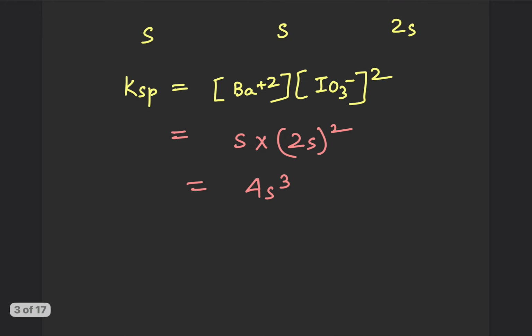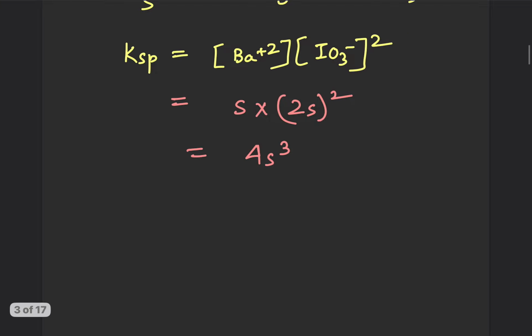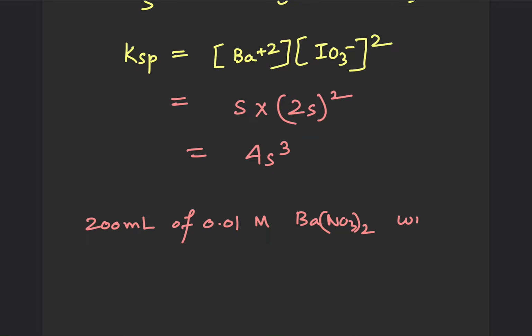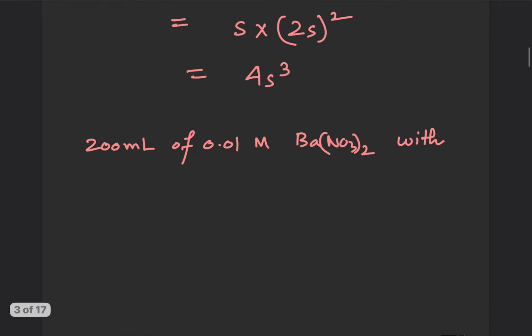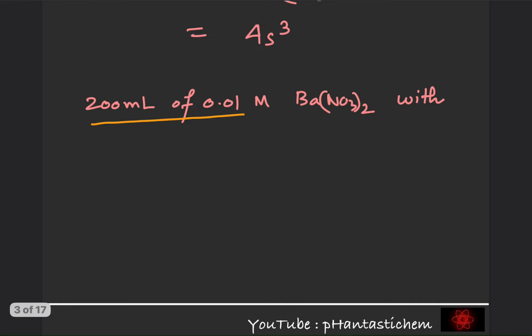Now coming back to our question, to prepare barium iodate, we are mixing 200 ml of 0.01 M barium nitrate, that is Ba(NO3)2, with 100 ml of 0.1 M NaIO3, which is sodium iodate.